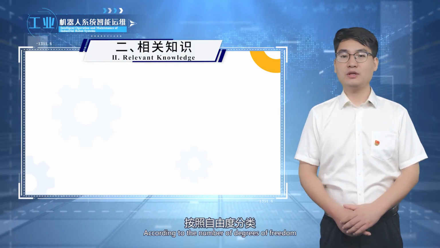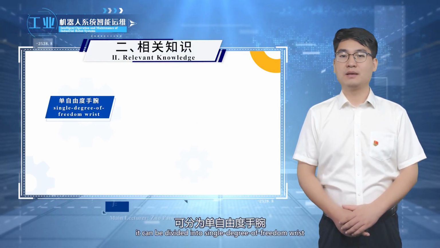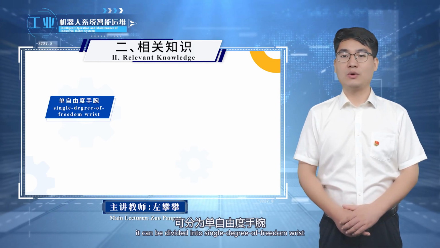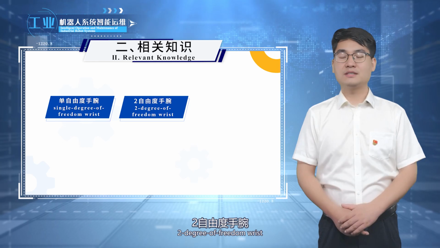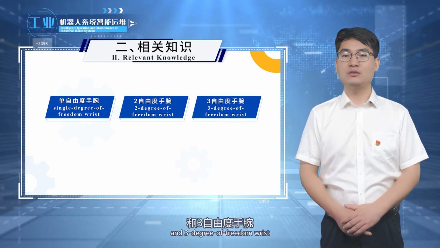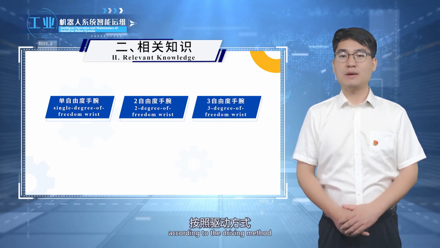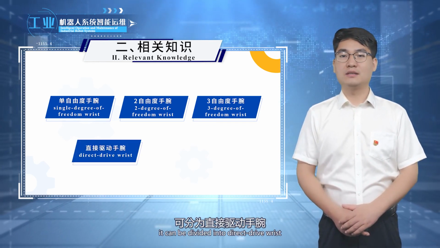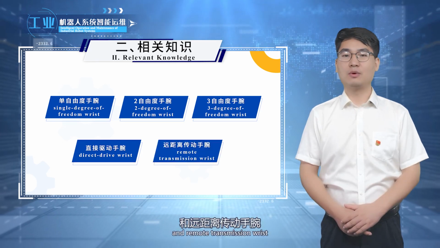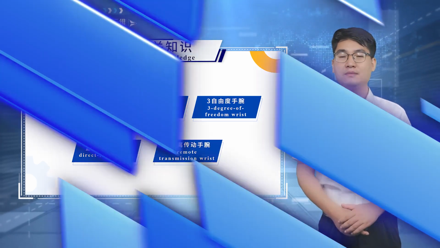According to the number of degrees of freedom, it can be divided into single degree of freedom wrist, 2 degree of freedom wrist, and 3 degree of freedom wrist. According to the driving method, it can be divided into direct drive wrist and remote transmission wrist.